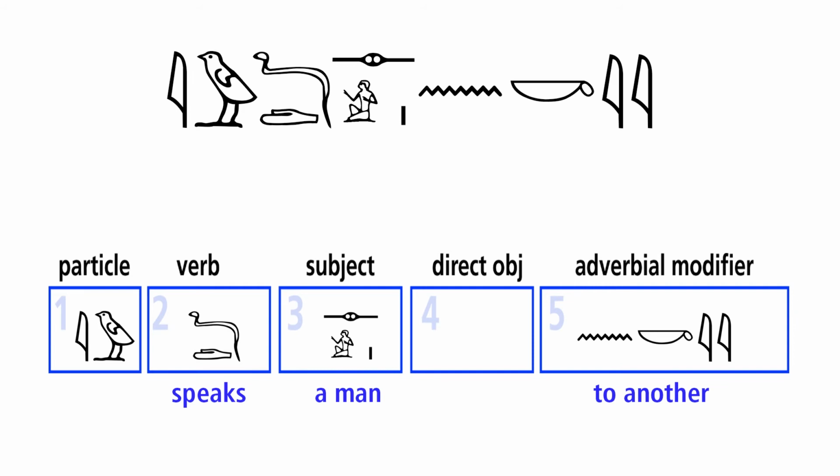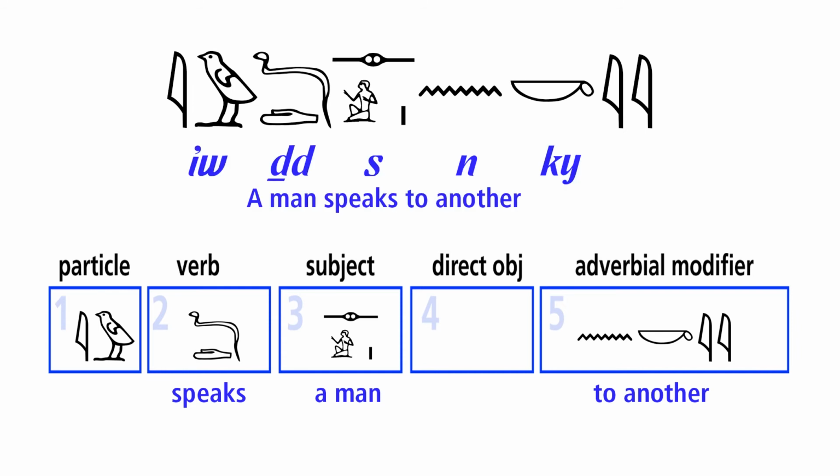Slot 3 contains s, the word for man. Nothing in slot 4. And we have an adverbial modifier in slot 5, n ky, to another. So the sentence translates to, a man speaks to another, presumably another man.